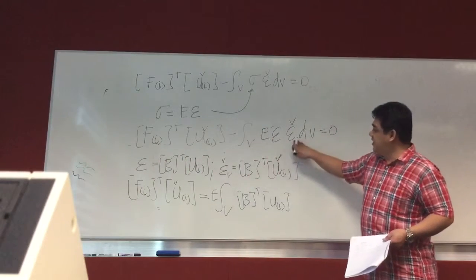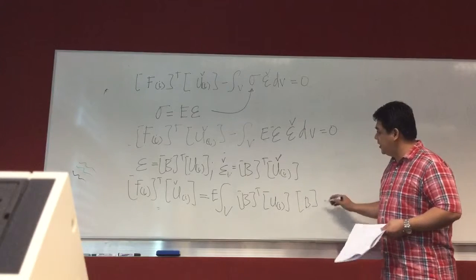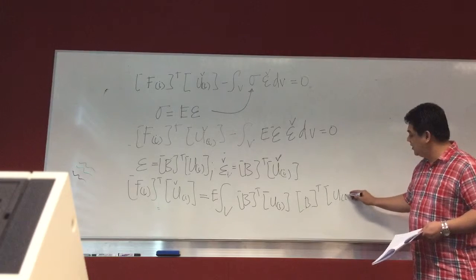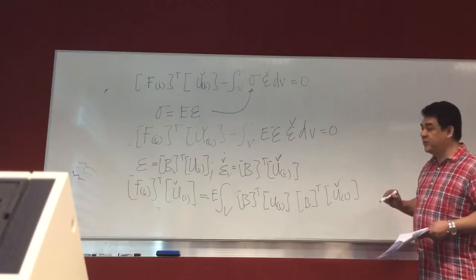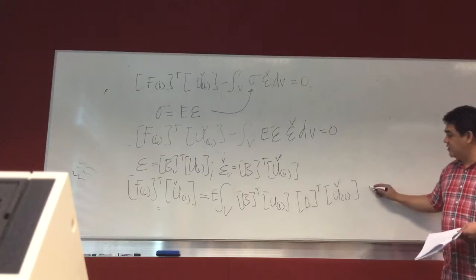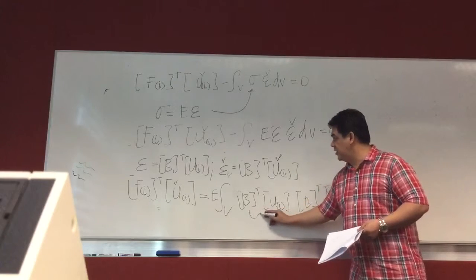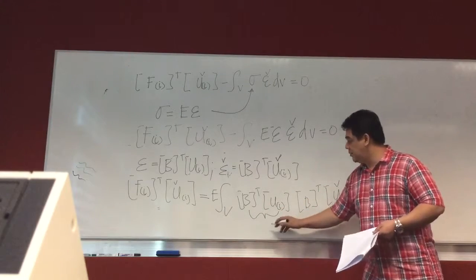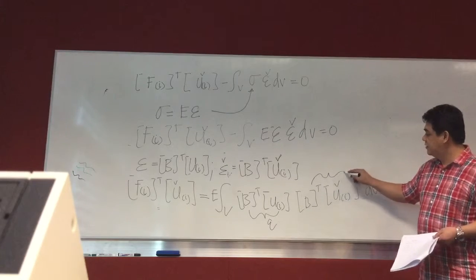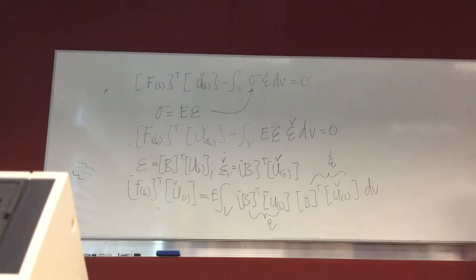Yes. And then I'm going to put in the virtual B transpose, your virtual displacement, and then that is now dV. Yes? So this will be your strain. This will be your virtual strain. Okay?